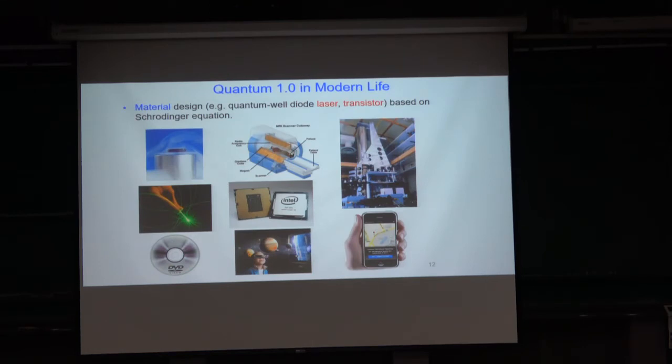And actually, the use of quantum mechanics has a long history. The so-called quantum 1.0, like in this laser pointer, is a quantum well structure, and basically you design what kind of material and calculate its Schrödinger equation to design its properties. This quantum 1.0 is already in our everyday life, and it's more emphasized on material designs.